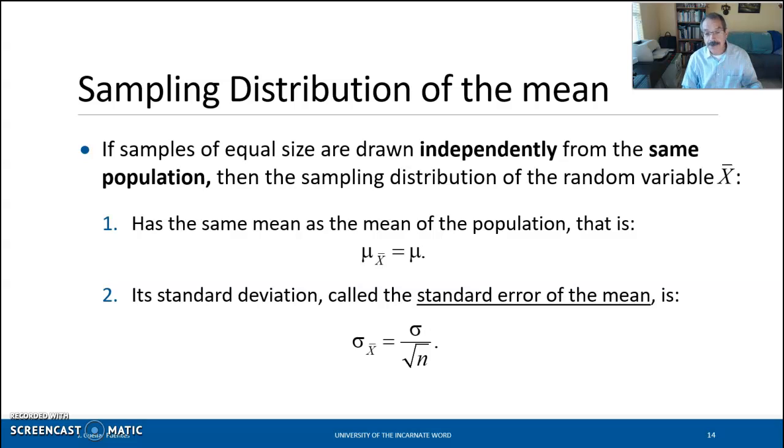So now we know two important characteristics. If you remember in chapter 6, when we talked about the normal distribution, it was fully determined by its mean and its standard deviation. So now we have two characteristics of the sampling distribution, its mean and standard deviation. The next question is, if we wanted to compute probabilities, what would the probability distribution of this sampling distribution be?